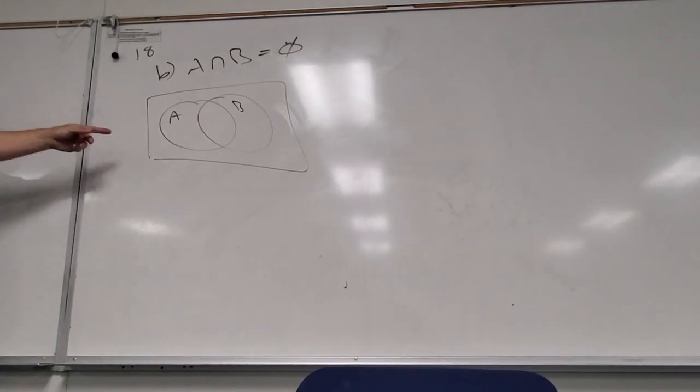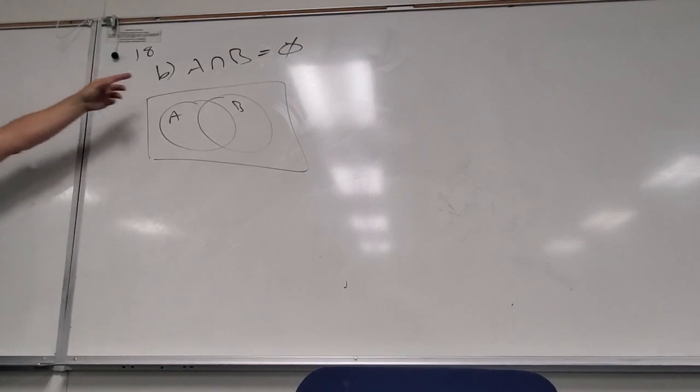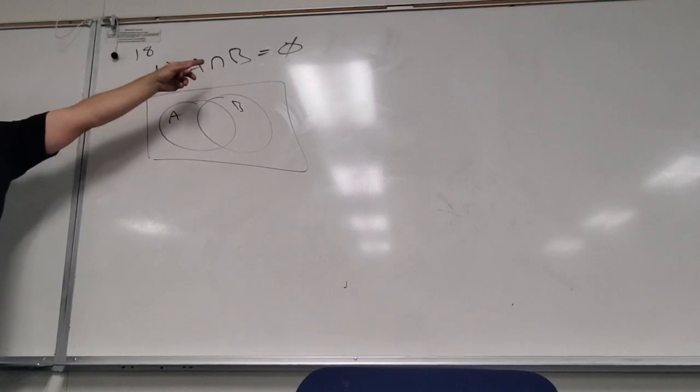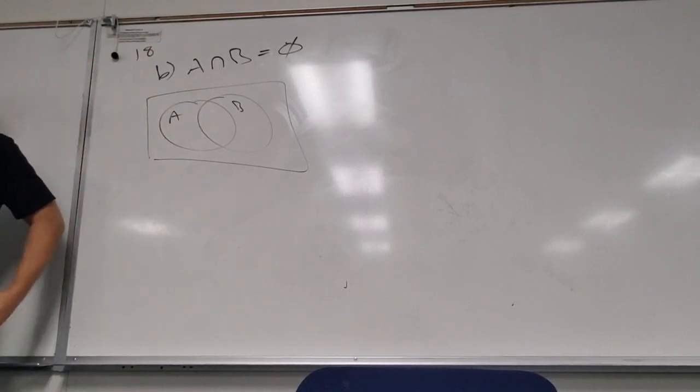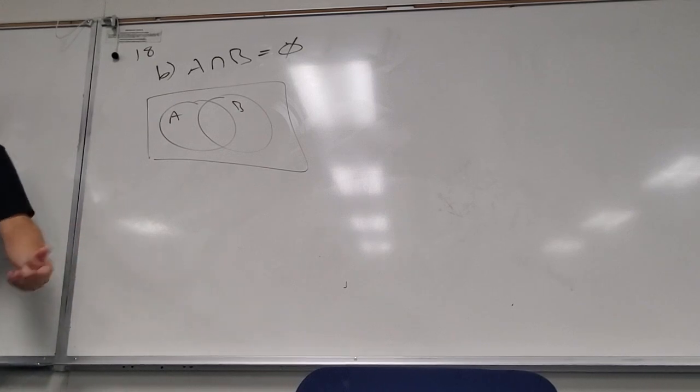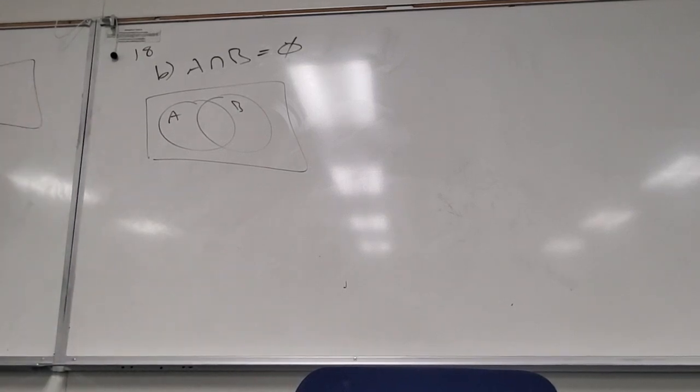So there would be stuff in there. Do I want these guys to have an intersection? No. So how would you draw it so they don't have an intersection? I would draw circle A, and I just don't want B to intersect it, right?